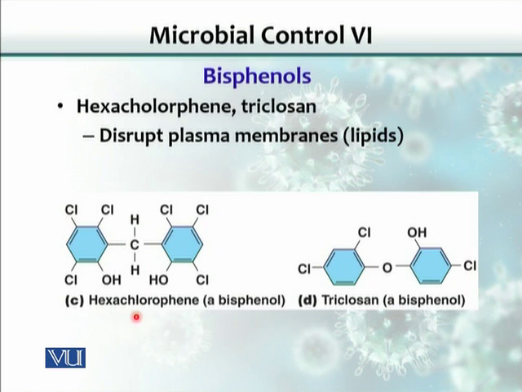And some are non-toxic; phenol is very toxic. So chemists create new compounds with different properties. Here the two phenolic molecules are joined by a bridge, and this is called hexachlorophene, and there is another one here, triclosan. They're used for various antibacterial purposes.